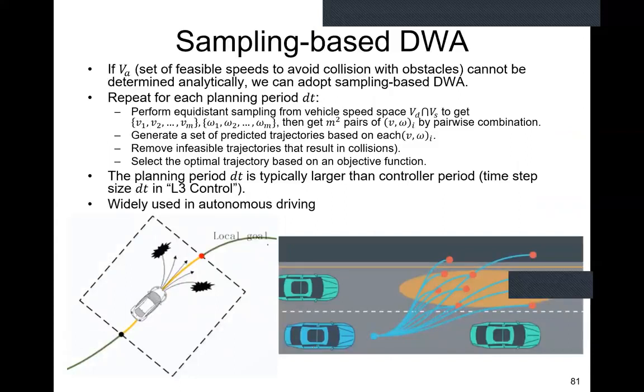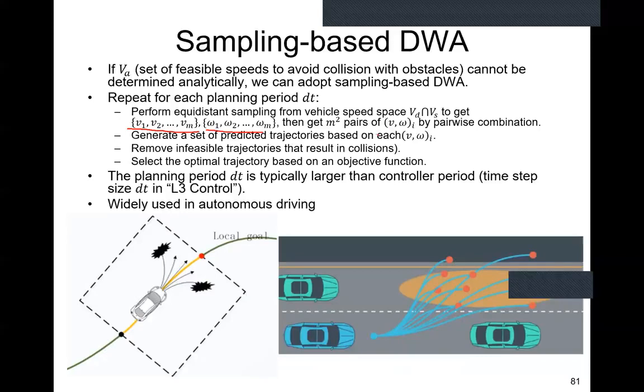For the set of feasible speeds to avoid collision with obstacles, the VA, if it cannot be determined analytically, we can adopt a sampling-based DWA. For each planning period, you perform equidistant sampling from the vehicle speed space, VD and VS, to get a set of speeds V1 to Vm and omega 1 to omega m, and then get m squared pairs of V omega by pairwise combination.